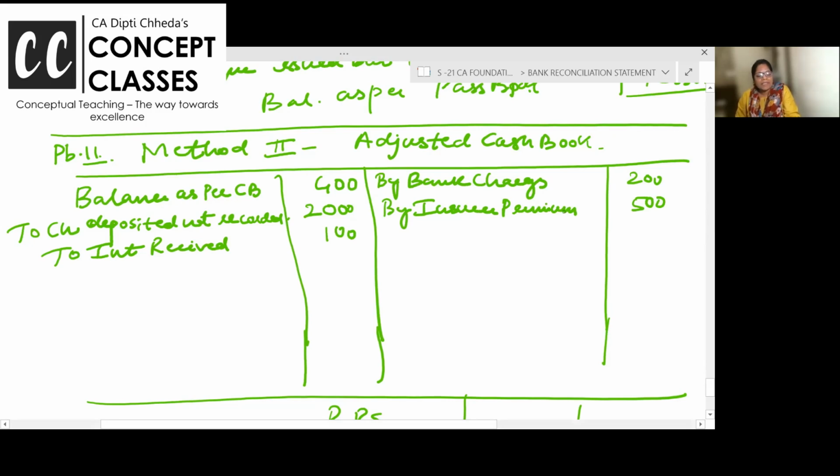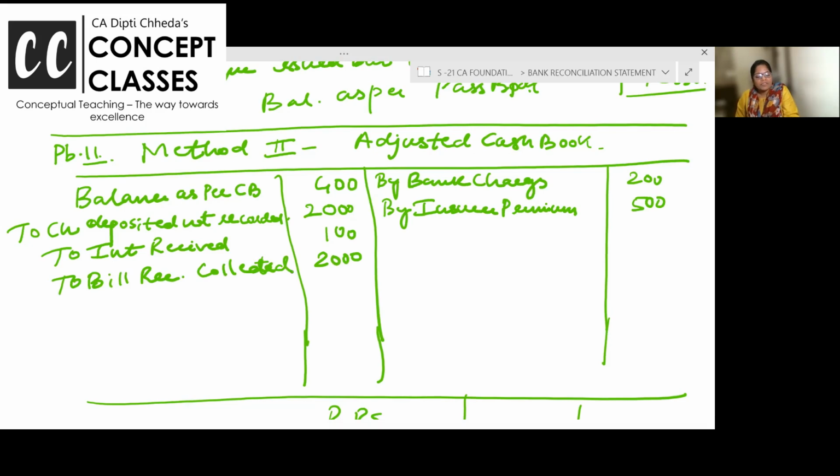Bills receivable directly collected by the bank. Directly some amount is deposited in my bank. I should also record it. To bills receivable collected. I should also debit in my books 2000.